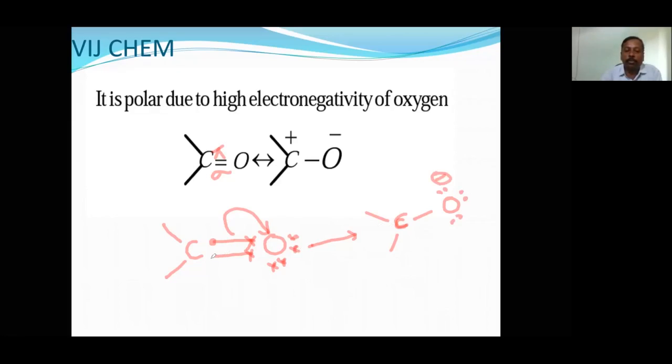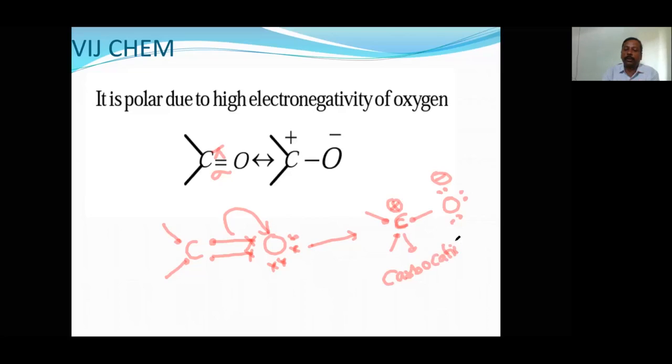Carbon earlier used to have how many? 4 electrons. But after this transformation, it will be a positive charge. It will contain only how many electrons? 3 electrons. Okay.